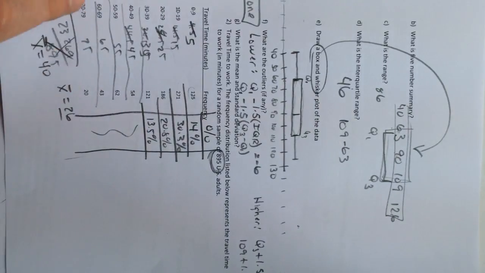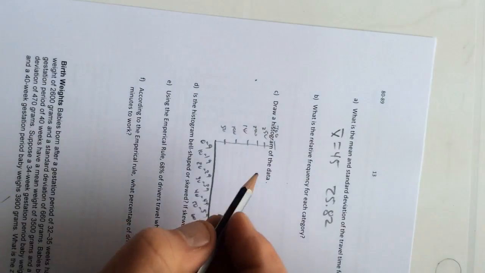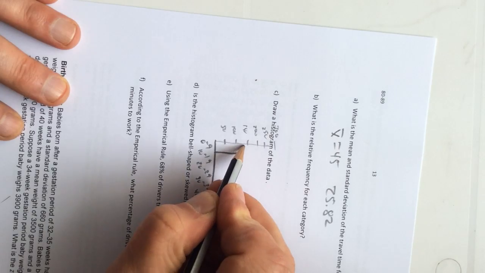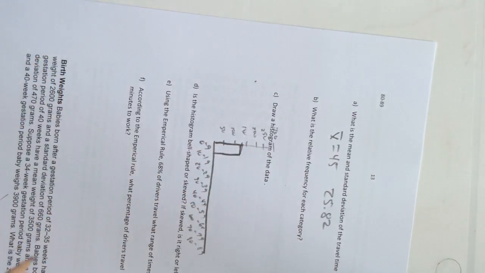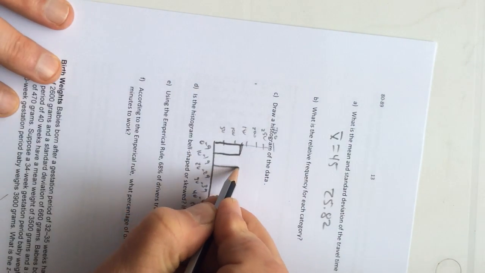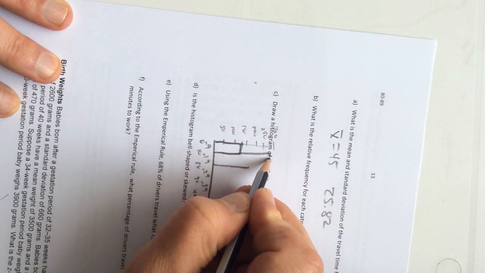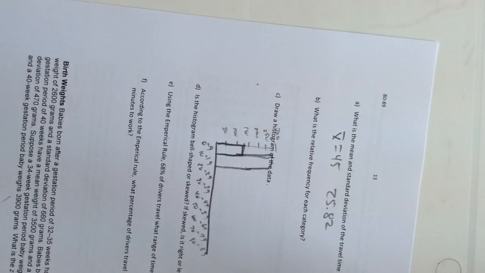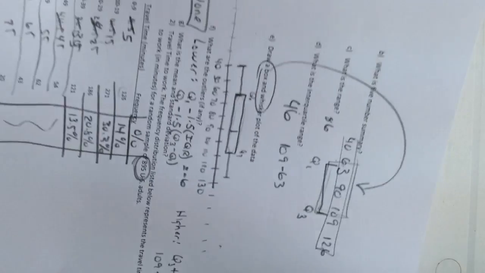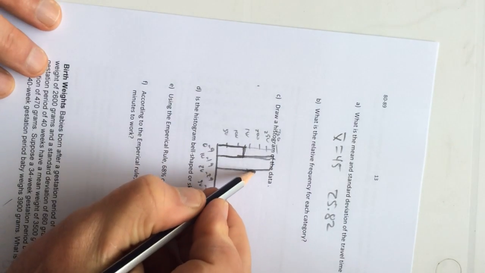So the very first bar goes up to 125. And then the next bar goes up to 271. Now for a histogram, you hook them together like that, they touch. So don't put any space in between there, or else that makes it a bar chart. 186 is the next one.